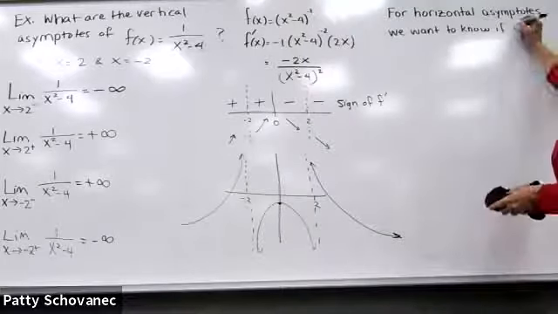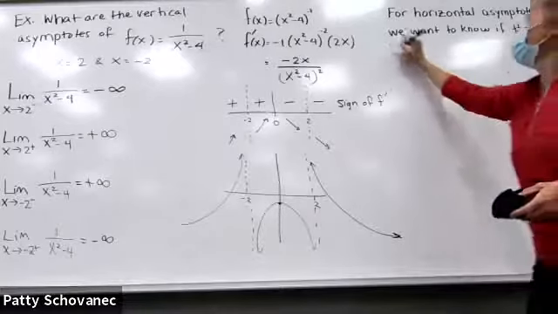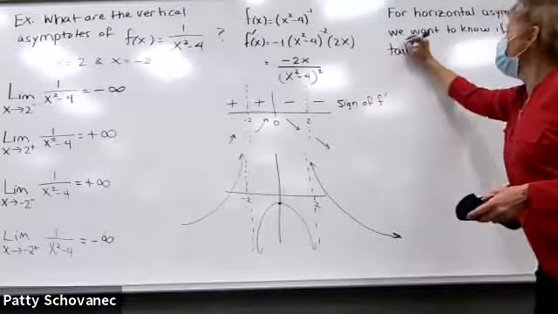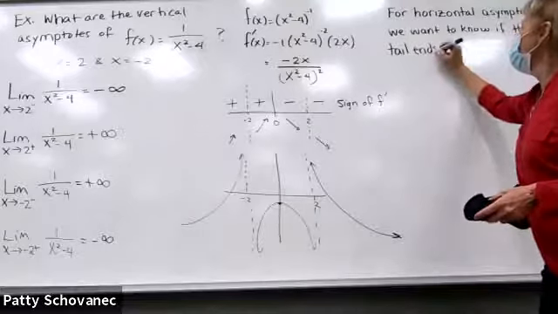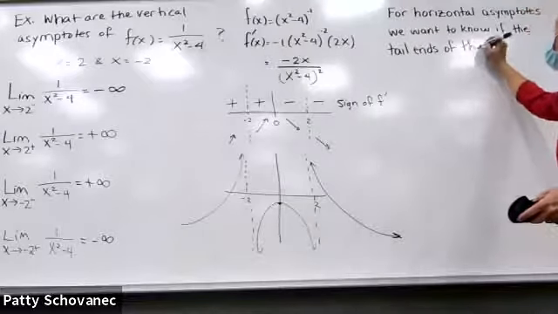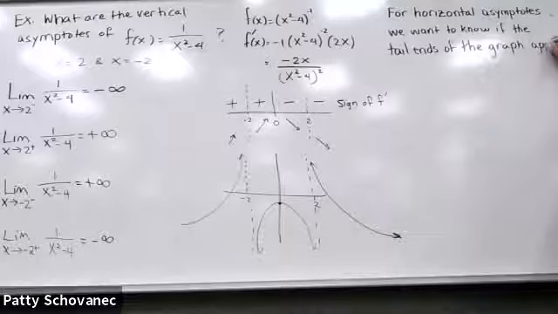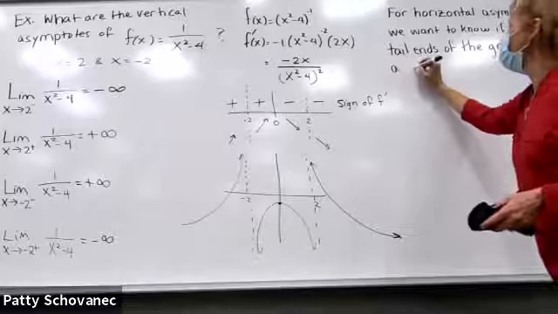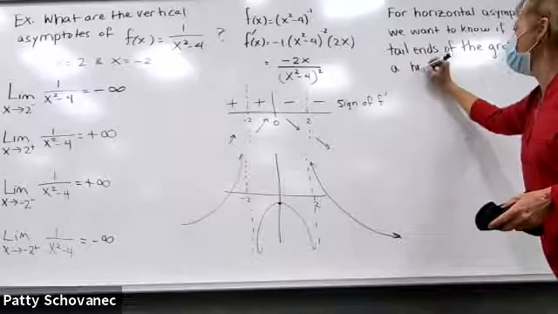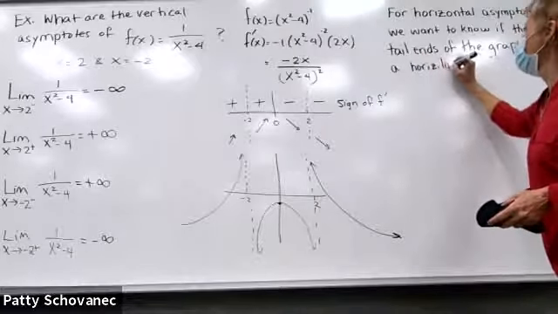We want to know if the tail ends of the graph approach a y value, a horizontal line.